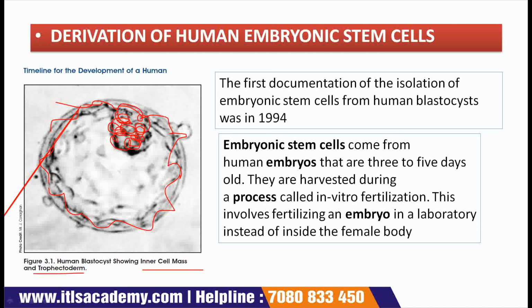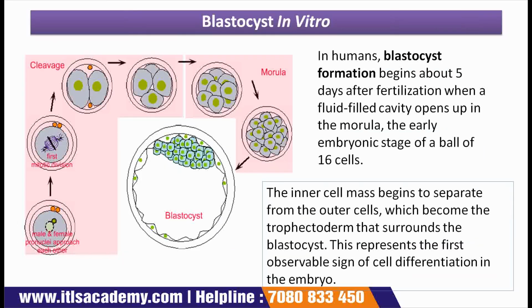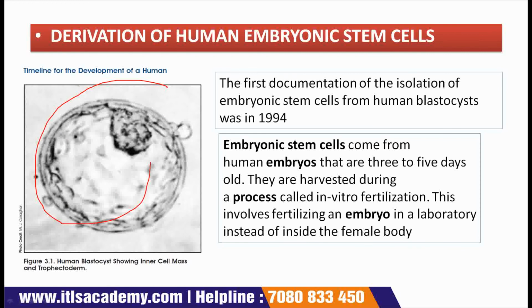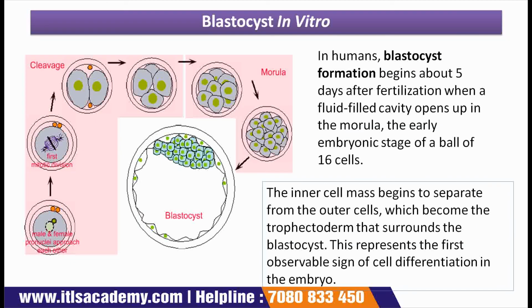This is a picture of a particular human blastocyst. This particular picture was an in vivo blastocyst. Now we are going to see a blastocyst in vitro, that is outside the body.